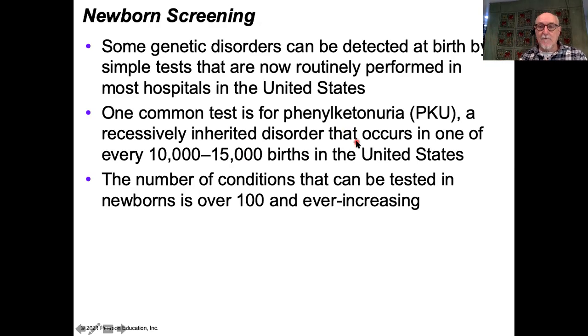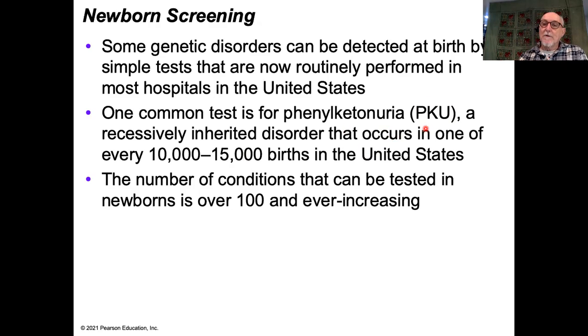But it can be tested for at birth. And if they have phenylketonuria, then they are put onto a special diet. On this diet, they can survive perfectly well for the rest of their lives.